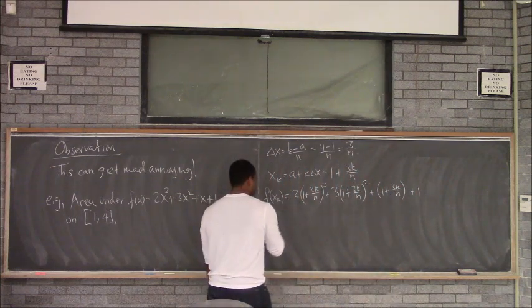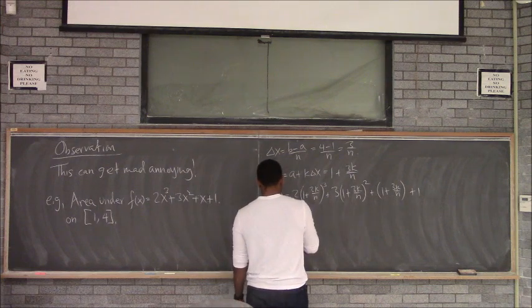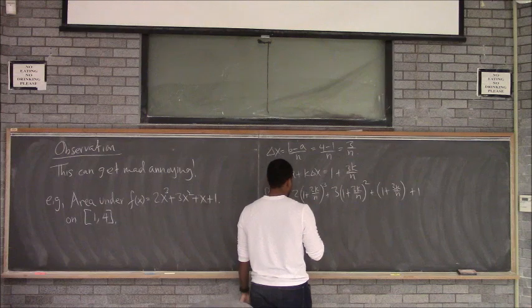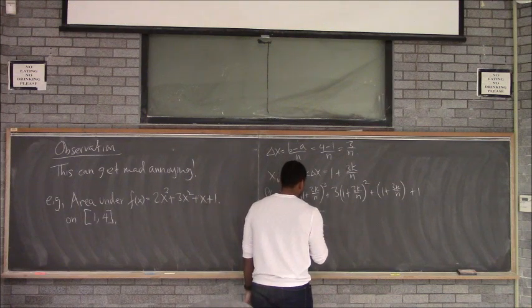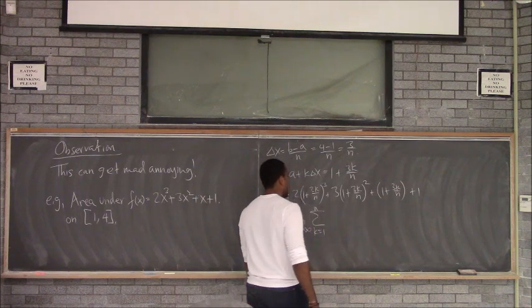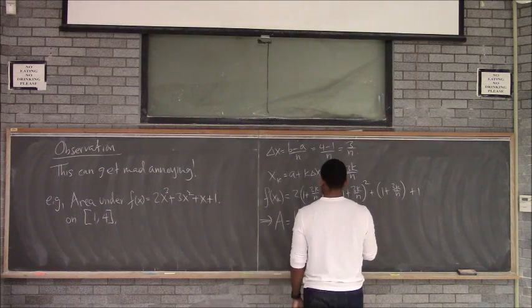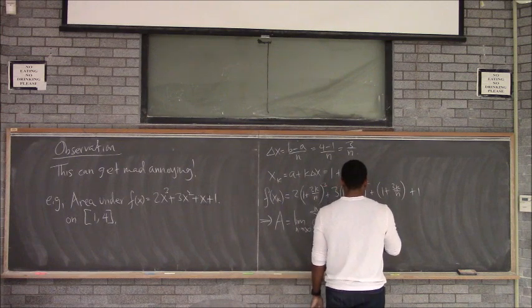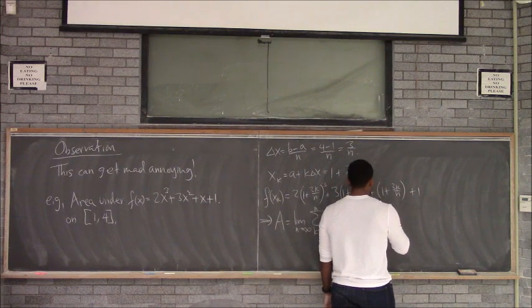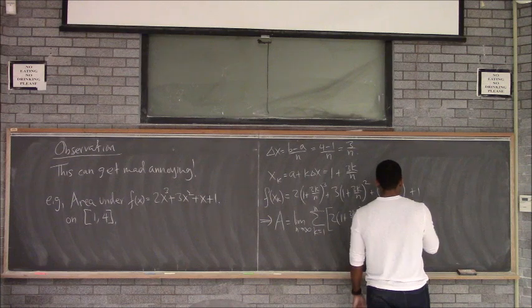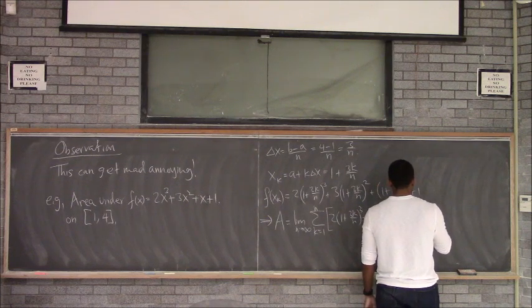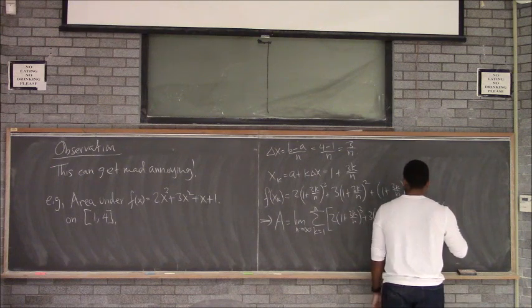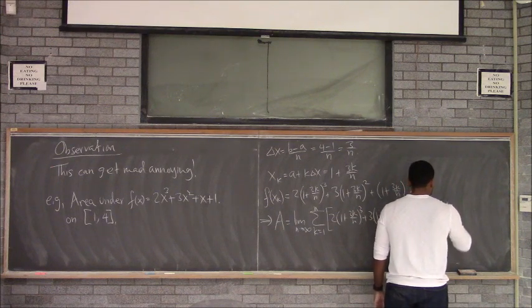And then the area is going to be the limit as n approaches infinity of the sum, k goes from 1 up to n, of that whole thing times your delta x.